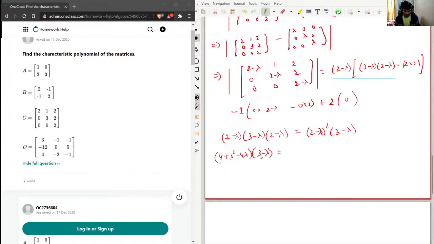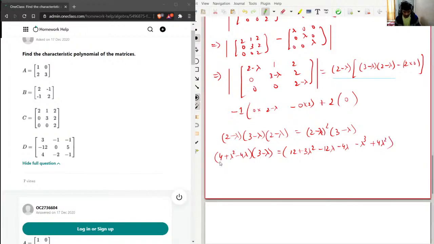and now I'm going to multiply these two terms. So this will be 12 plus 3 lambda square minus 12 lambda, then this is minus 4 lambda, this will be minus of lambda cube, and this will be minus of 4 lambda plus of 4 lambda square.